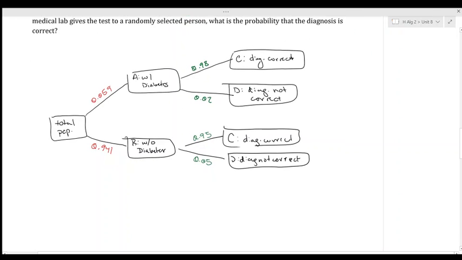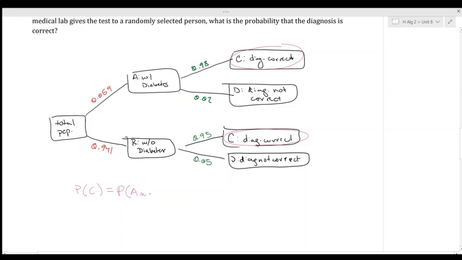Now we are asked, what is the probability that the diagnosis is correct? So that means we're trying to figure out the probability of our C value here. So the probability of C is equal to the probability of event A, people with diabetes, and it was diagnosed correctly.